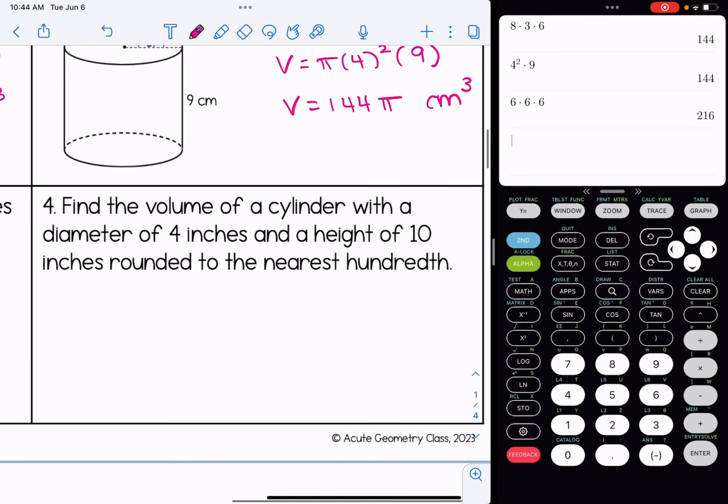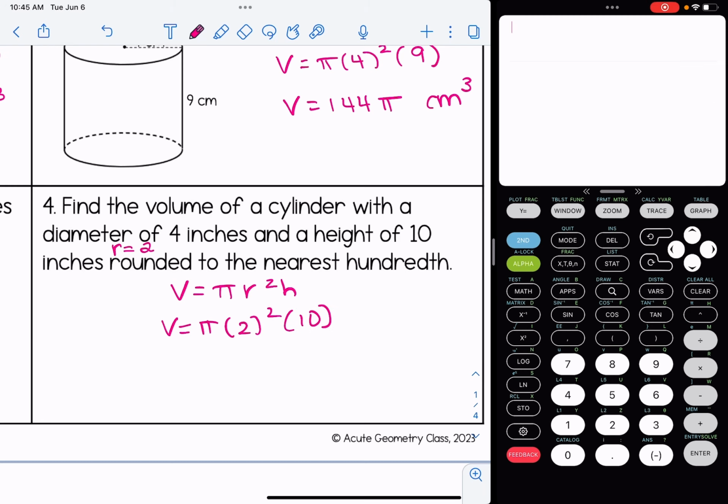For number 4, find the volume of a cylinder with a diameter of 4 inches and a height of 10 inches, rounded to the nearest hundredth. Notice that we're given the diameter of 4, so that means our radius is 2. Always look out for that on cylinder questions, that they might give you the diameter instead. So I'm going to plug 2 in for the radius and 10 in for the height.